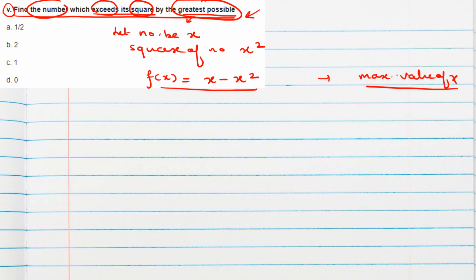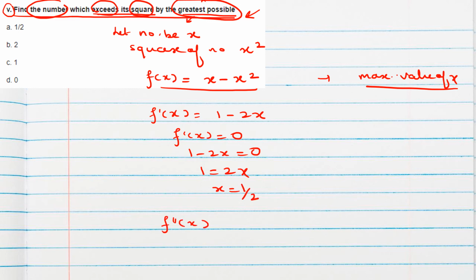So we'll go with the usual procedure. We'll find f dash of x here, which is 1 minus 2x. Put f dash of x equal to 0. 1 minus 2x will be 0. 1 equal to 2x, so x equal to half. Now check the double order derivative. That will be minus 2, which is less than 0.